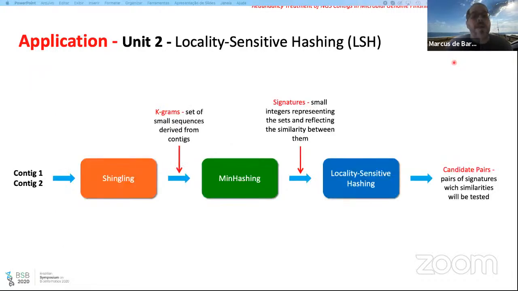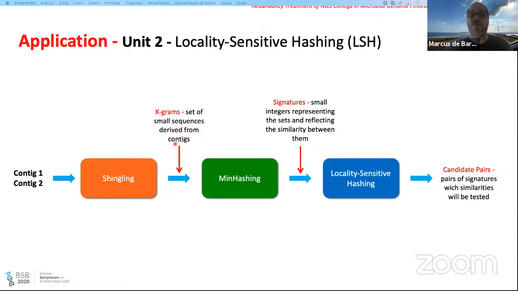Here we have an overview of the LSH step unit. We have 2 contigs that shall be tested if are similar or not. In the first step, shingling, we generate the K grams, small sequences, much like the K-mers.